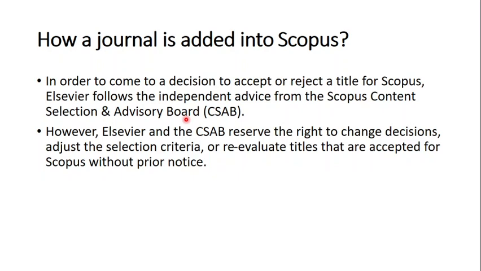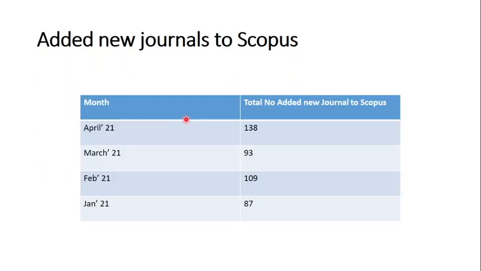That is a board which is independently operating with experts, so they will analyze the journal and give the recommendation to add a new journal as well as to remove an existing journal because of poor quality. But Elsevier and the CSAB have reserved the right to change the decisions. Suddenly also they can remove a journal if it does not follow the quality.